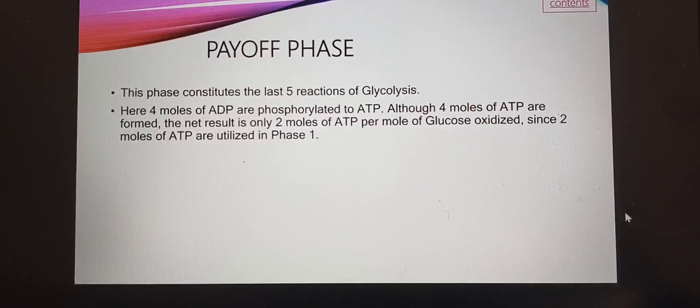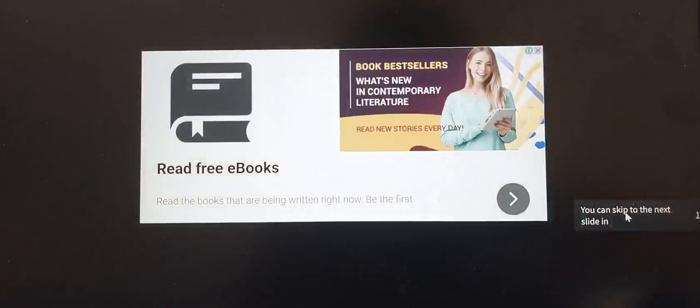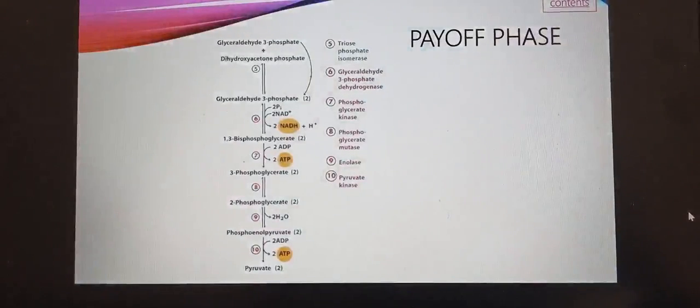So in the payoff phase, it consists of 5 reactions of glycolysis. Moving to the payoff phase, step 5: in this step of glycolysis, the enzyme dehydrogenase and the coenzyme nicotinamide adenine dinucleotide, NAD+, work together.